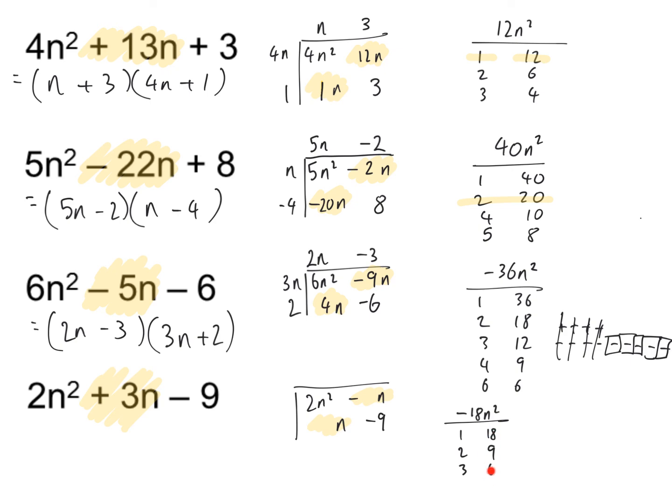So one of these numbers is going to be my positive, and one of these is going to be my negative. So positive 18, negative 1 would give me positive 17, no good. Positive 9, negative 2, give me positive 7. Positive 6, negative 3, cancelling out those zero pairs, leaves me with 3 positives, positive 3.